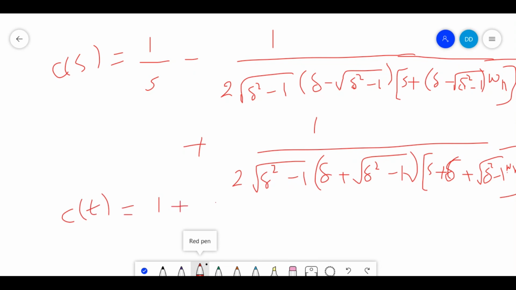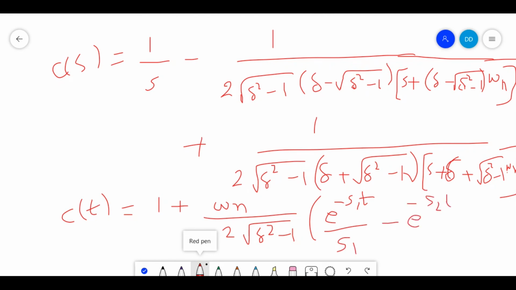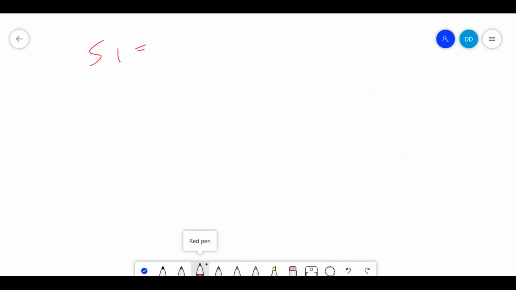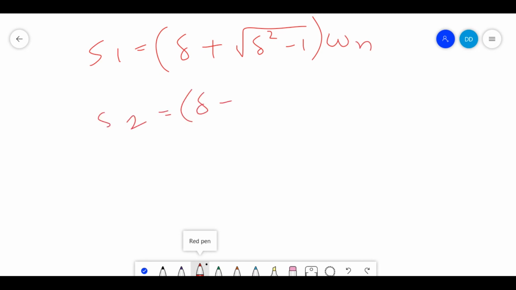So if we take the inverse Laplace, we get C of t equal to 1 plus omega n divided by 2 into root of delta square minus 1 into e to the power minus s1 into t by s1 minus e to the power minus s2 into t by s2, where S1 and S2 are given by S1 equal to delta plus root of delta square minus 1 into omega n, and S2 equal to delta minus root of delta square minus 1 into omega n.